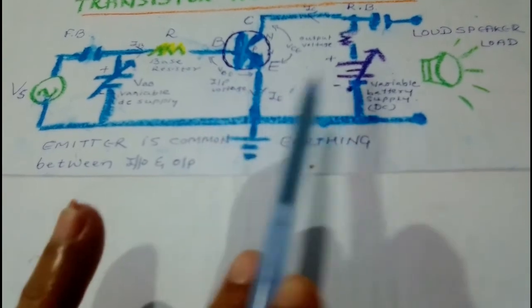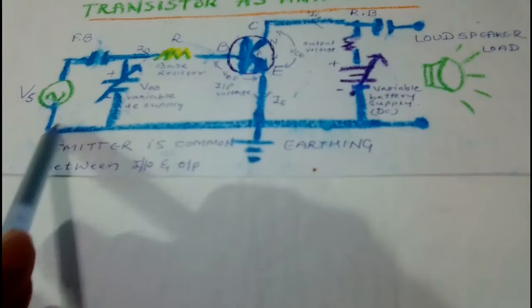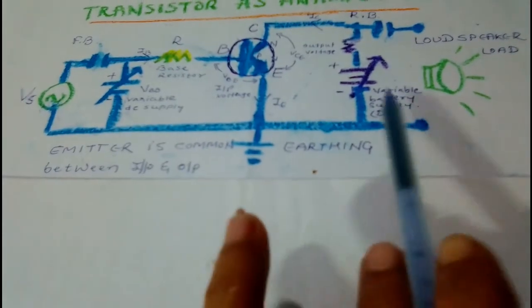We will see the current gain beta in this amplifier circuit. Current gain beta is equal to the change in output current upon change in input current. Output current is collector current.